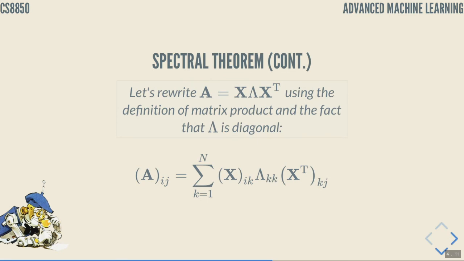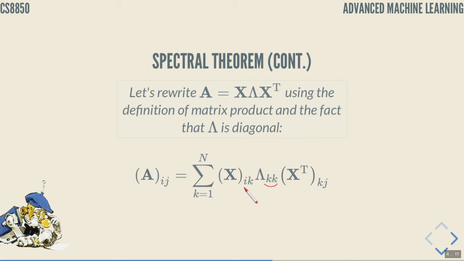So let's rewrite A equals X lambda X transpose using the definition of matrix product and the fact that lambda is diagonal. Just using a component-wise notation, we're only going through K. So I and J stay the same.